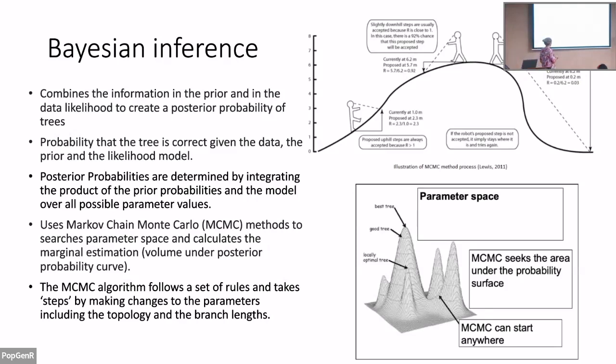When it finds a model that fits the data better, it moves to that spot in the search space. You find an optimum area, and that's your best tree. It uses this Markov chain Monte Carlo method to search the space, and it gives you support within that posterior probability curve. I'm not going into detail here. You can ask questions about this later or look into those methods.